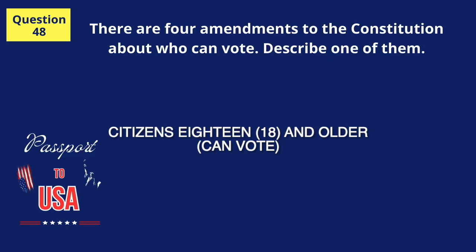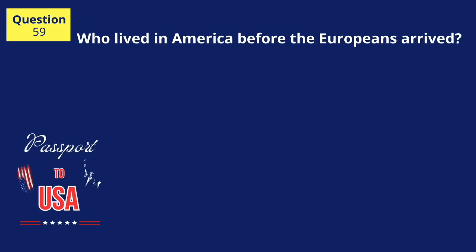Citizens 18 and older can vote. Who lived in America before the Europeans arrived? American Indians.